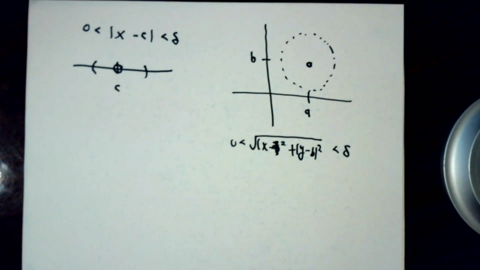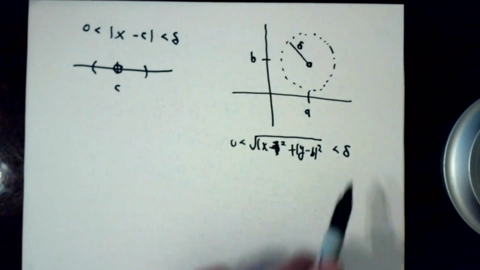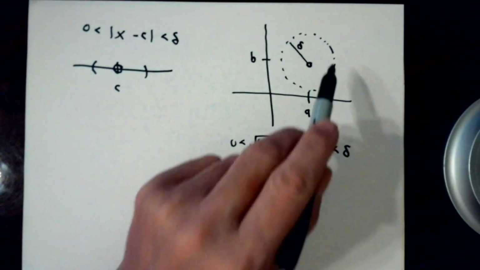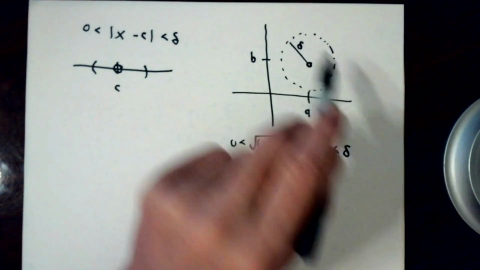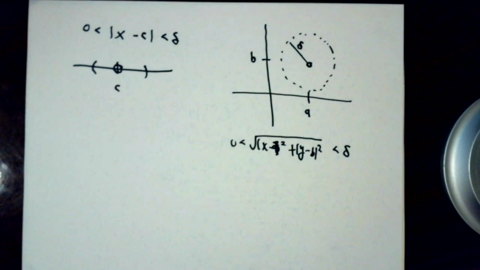If I thought about all of the points where the distance were exactly equal to delta, I would have a circle centered at the point (a, b) of radius delta. We want the distance to be smaller than delta, so I do not include this dotted circle in the set of points that I'm thinking about.